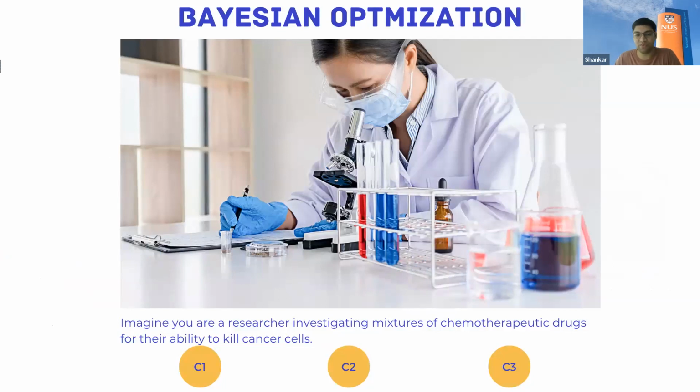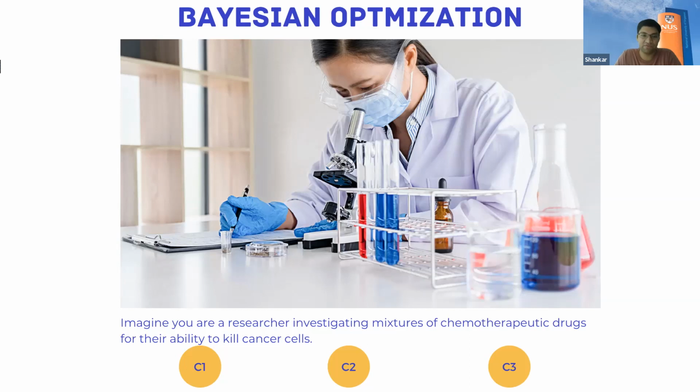Now you have to evaluate an objective function f of C1, C2, and C3, which entails conducting the actual experiments in the lab, which requires manpower, equipment, and waiting for hours or days for the cell cultures to grow. Therefore, considering all the possible concentration combinations is not a realistic approach.